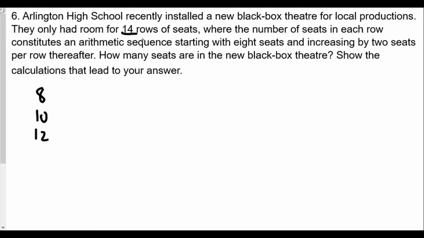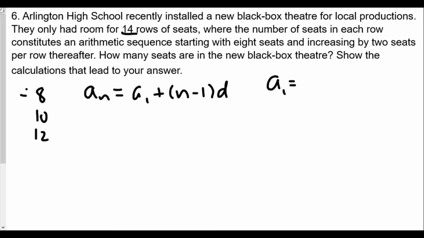So we could list them all out, but we do know that we can figure out the number of seats in our 14th row by using our formula: a sub n is equal to a1 plus n minus 1 times d. Now, in this case our first number, a1, is going to be 8, because that's the number of seats in the first row, starting with 8 seats.